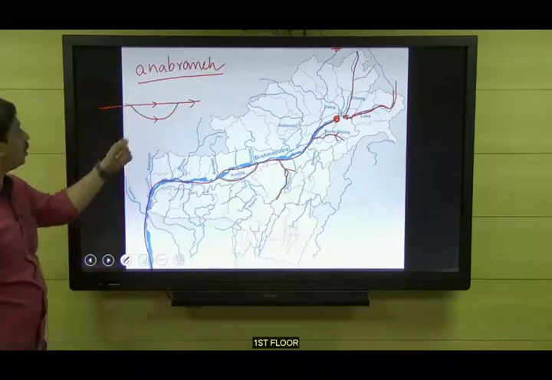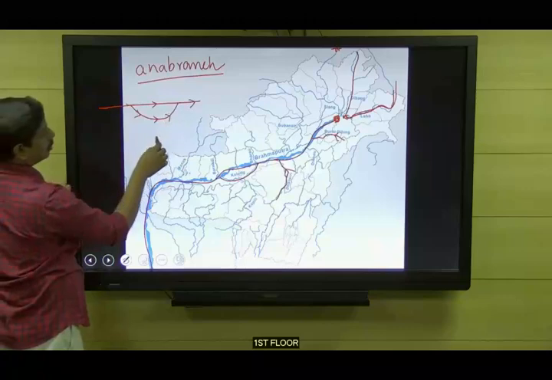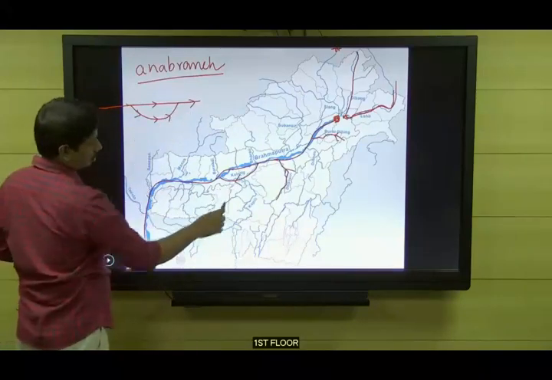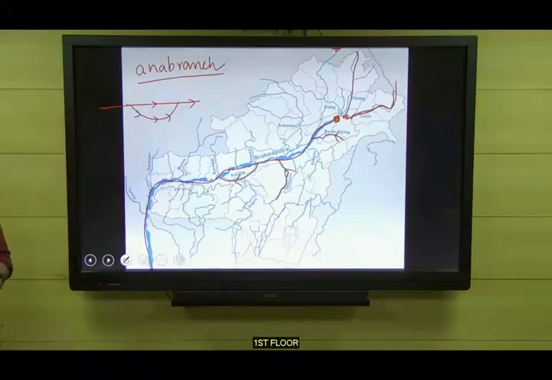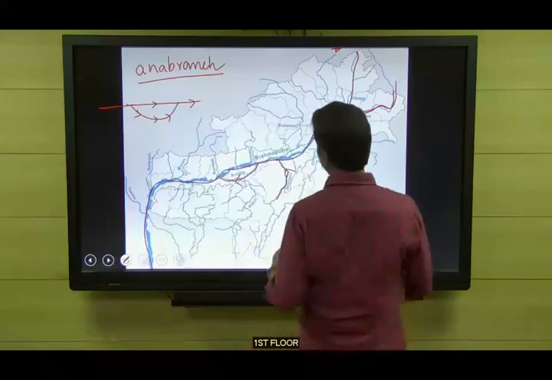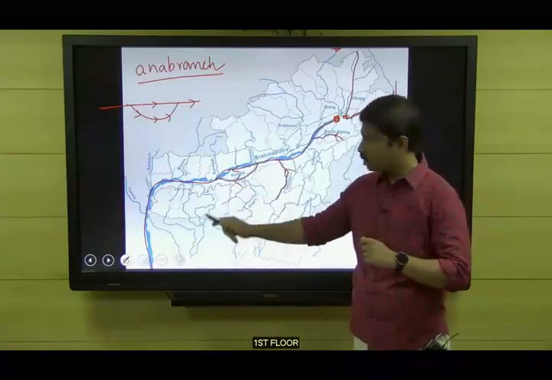A river is flowing, one river is separating from the river like a distributary and then again going and joining the same river. That is known as Anna branch. Kolong is an example for Anna branch of Brahmaputra. I hope the Anna branch concept is clear for you.